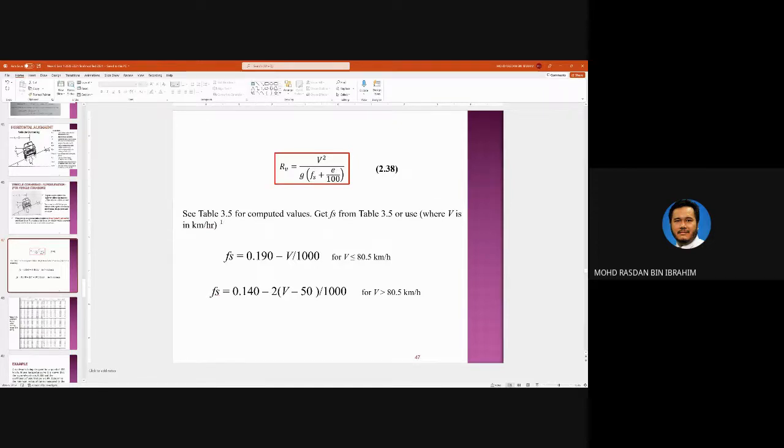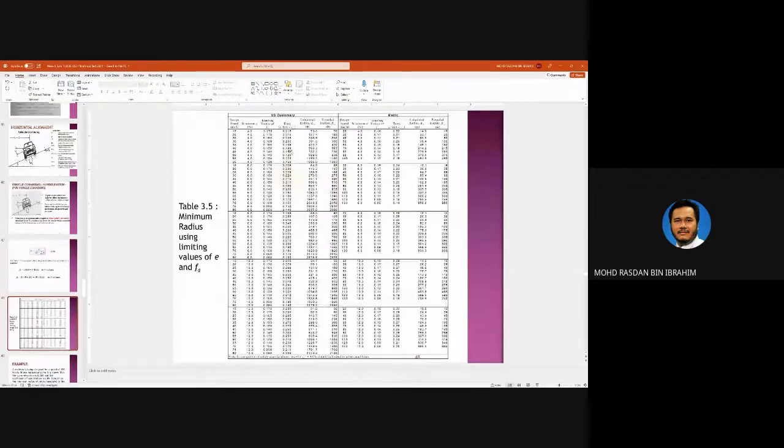Fs normally will be given in table 3.5. Okay, this is the value of Fs. This is US customary units. This is metric, and design speed, super elevation, and then you have the value of RV here, rounded radius.